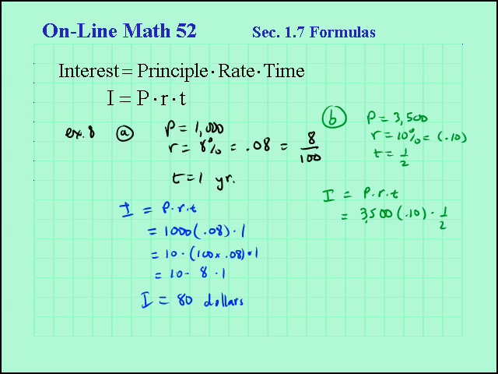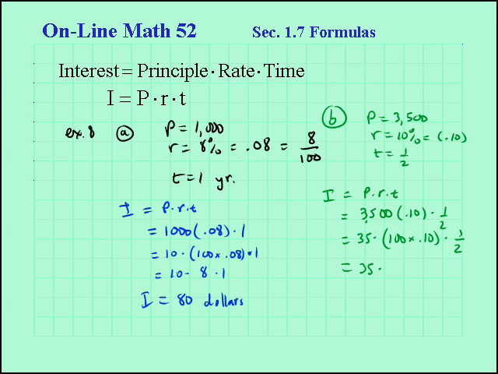Like I did over here, I took 100 off of it to use that to multiply times the decimal, and then however many hundreds. Well, here we have 3,500, so it's 35 times 100 times the 0.10, and it's still times the 1/2. When we multiply 100 times 0.10, we move the decimal 2 places, 1, 2, and we get the whole number 10.